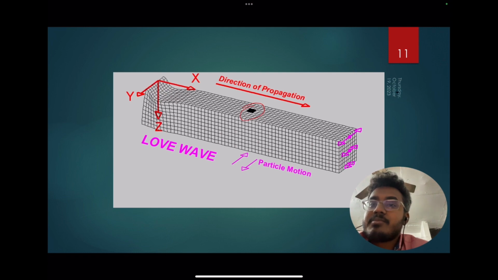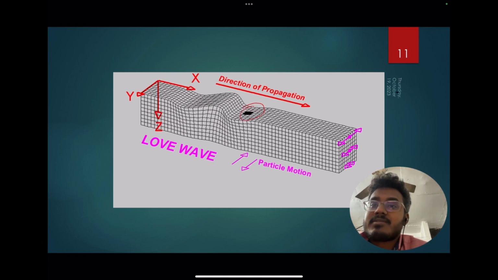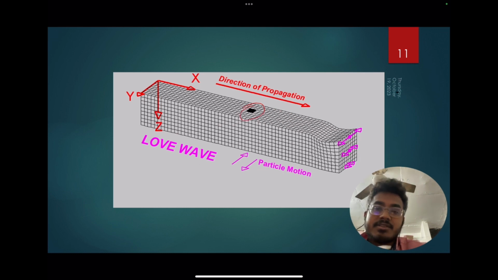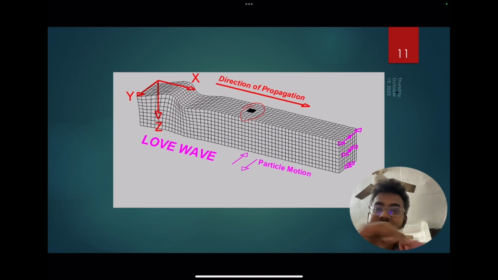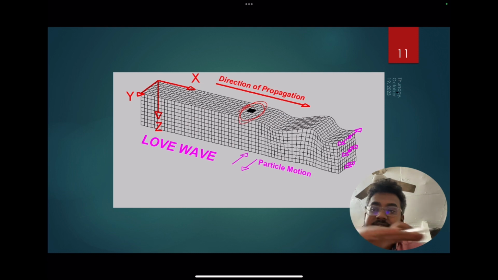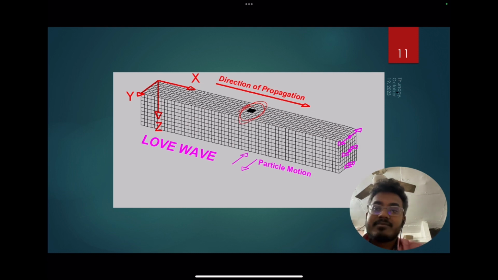So love wave moves the medium or the ground side to side. So if the direction of propagation is on the x-axis, then on the surface you see this black dot being moved side to side, left to right.